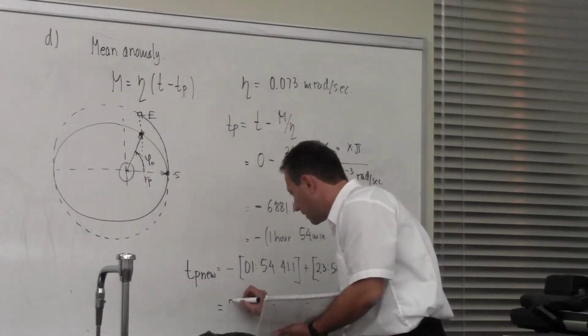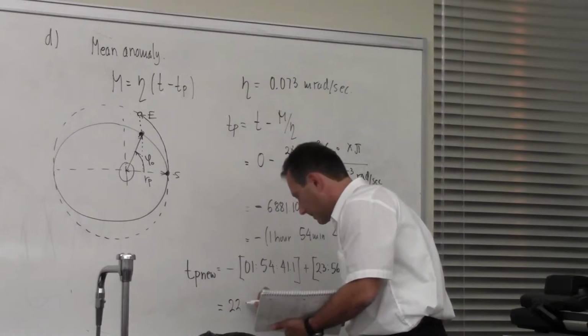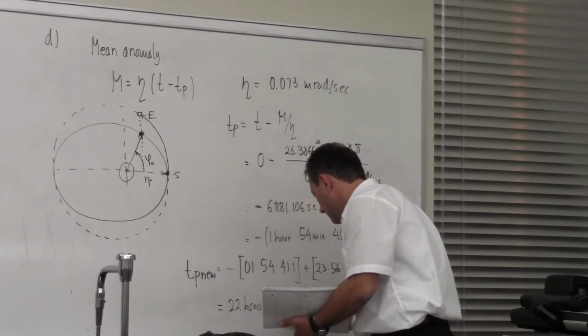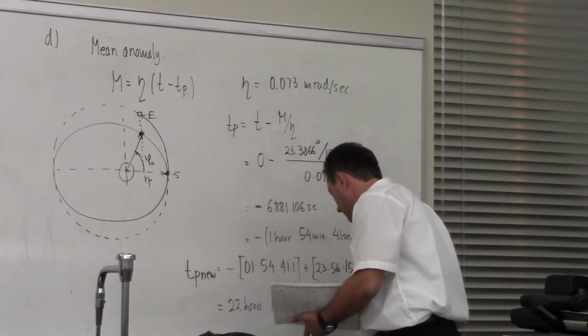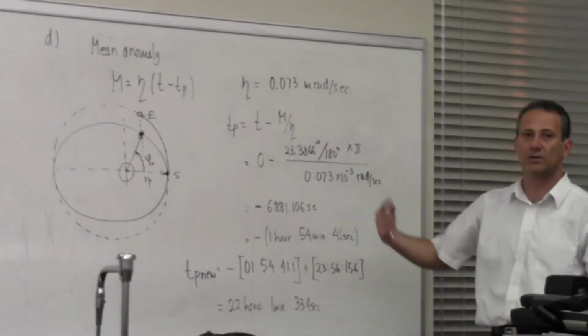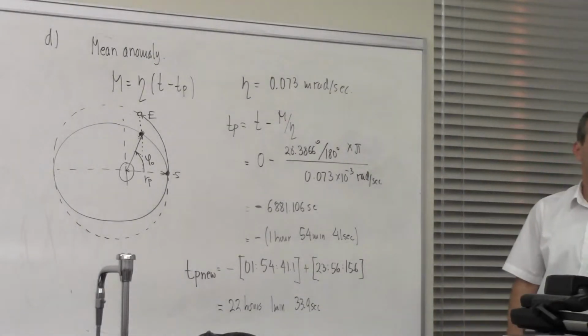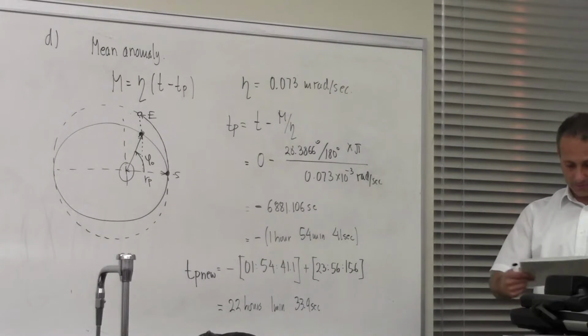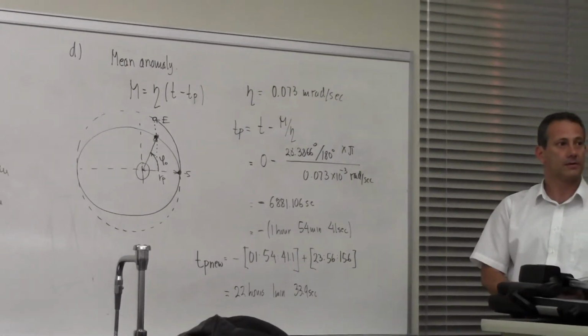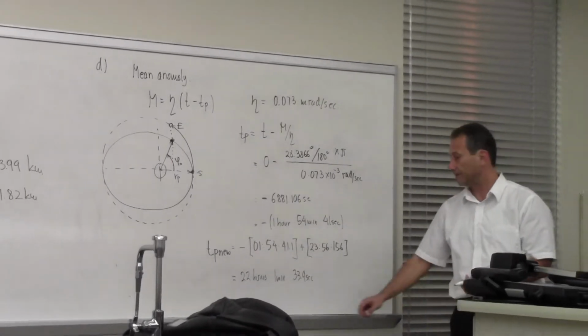This gives you 22 hours, 1 minute, and 33.9 seconds. So that's the next time you're going to loop around and go to the position where you're closest to the Earth. Okay? Any questions here? Okay.